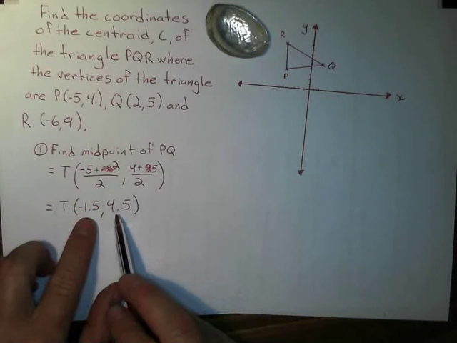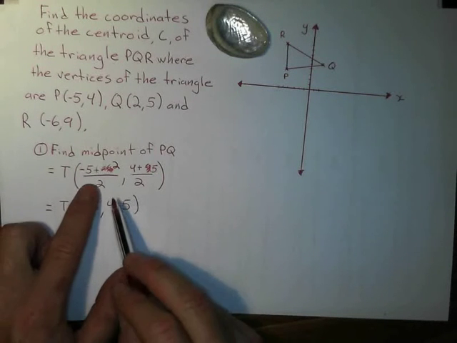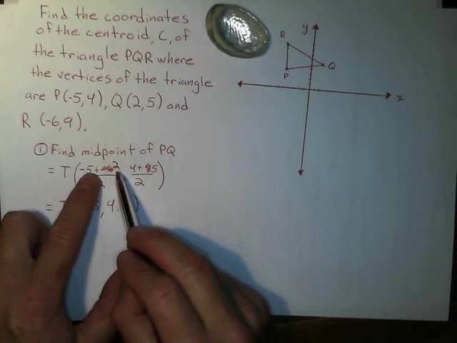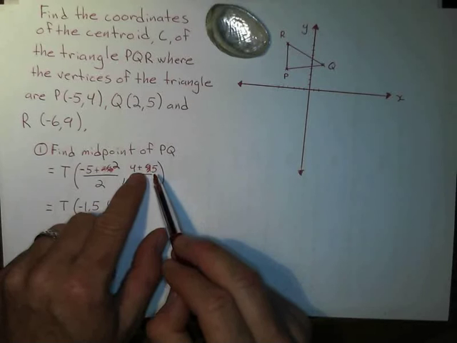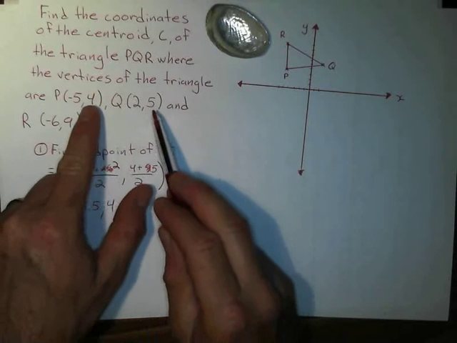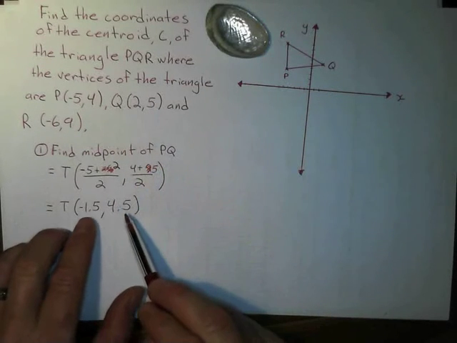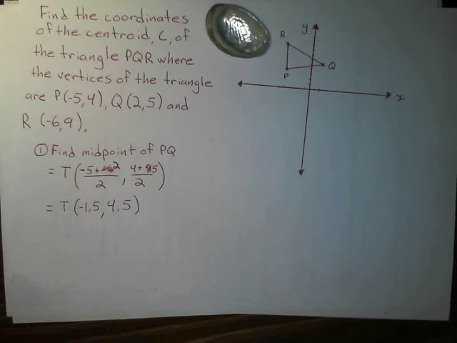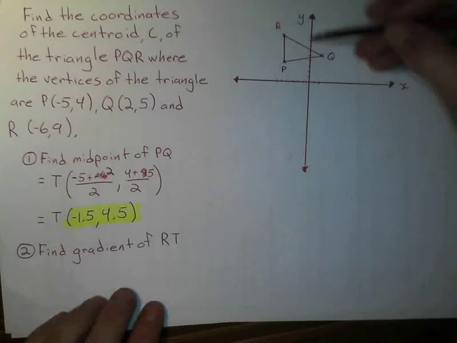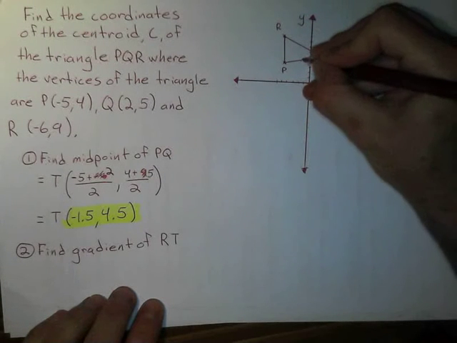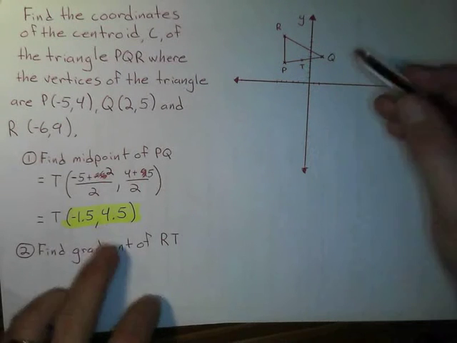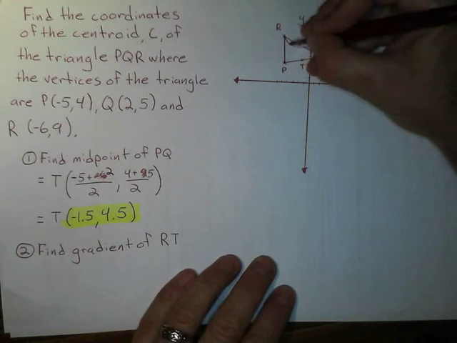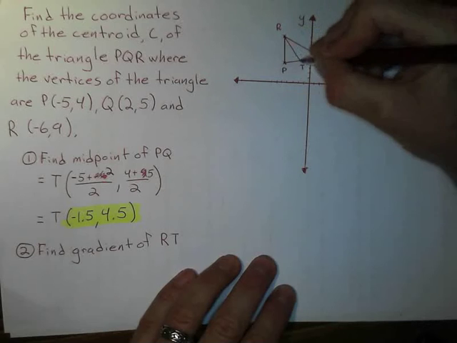Now find the gradient of RT. If this is the midpoint, which is that point right there, I want to find the gradient of that line. That's going to be the median, and in order to do this problem, I'm working out the equations of the medians to find the centroid. To find the equation of the line, I need two things: a point on that line, which I already have, and its gradient.